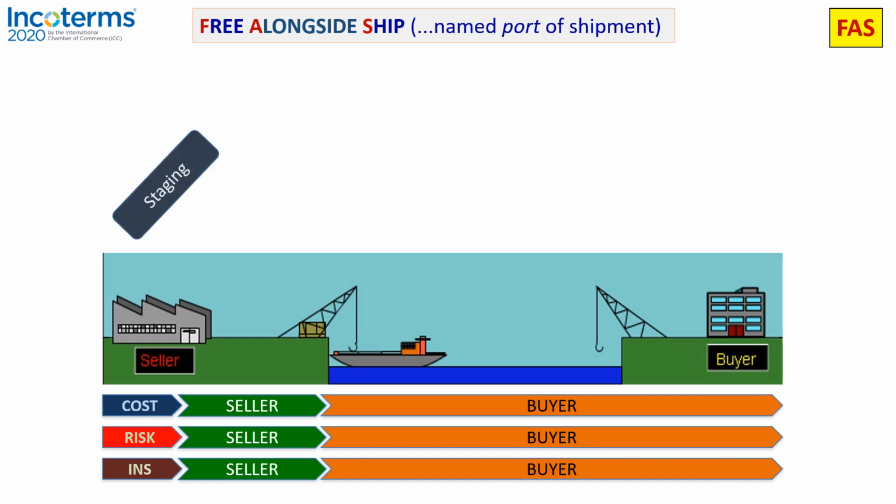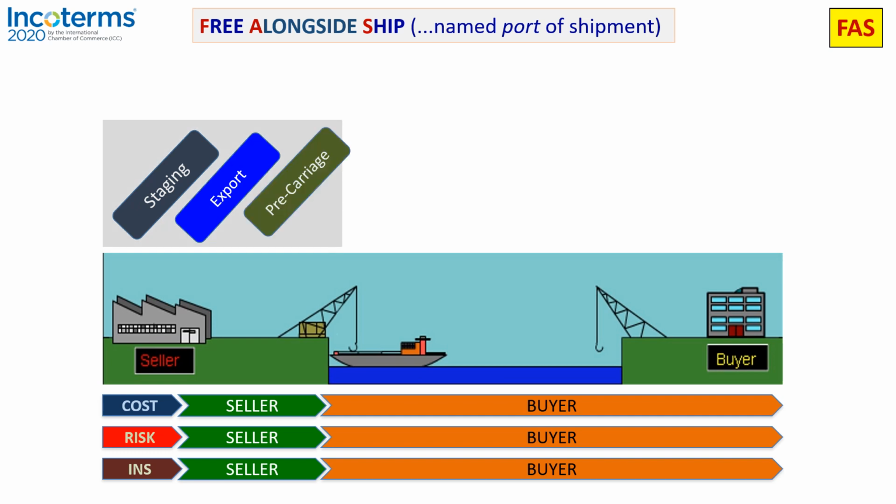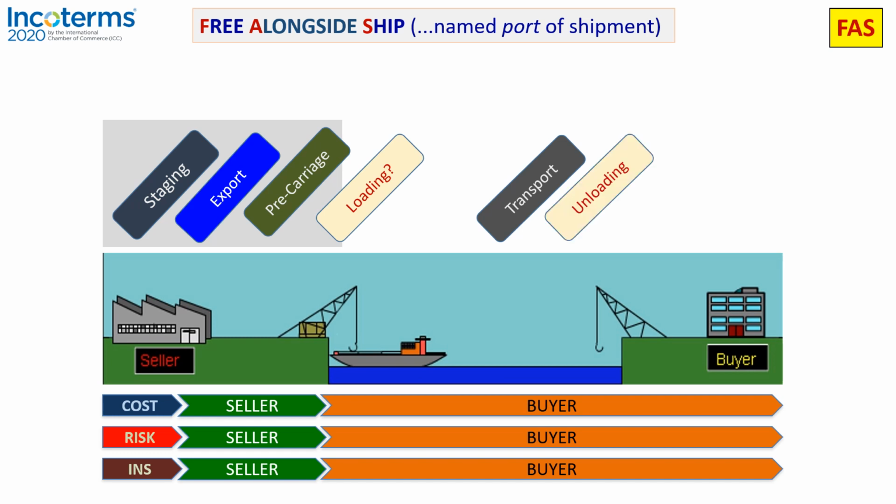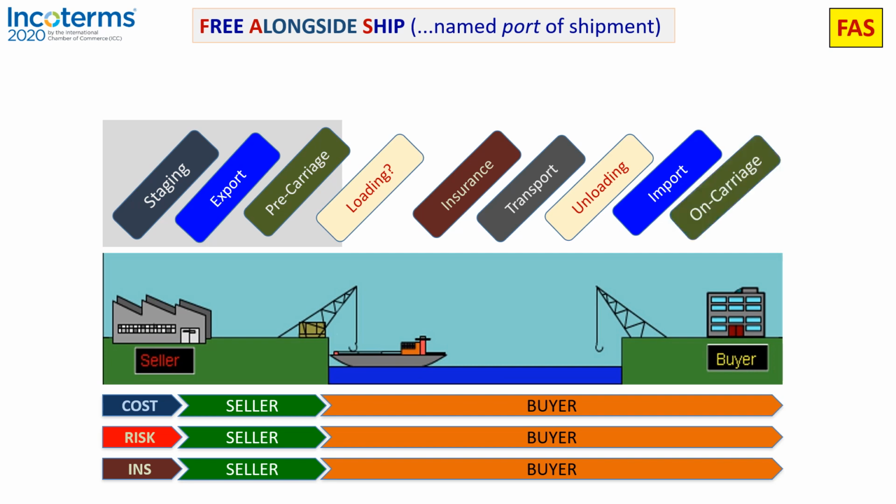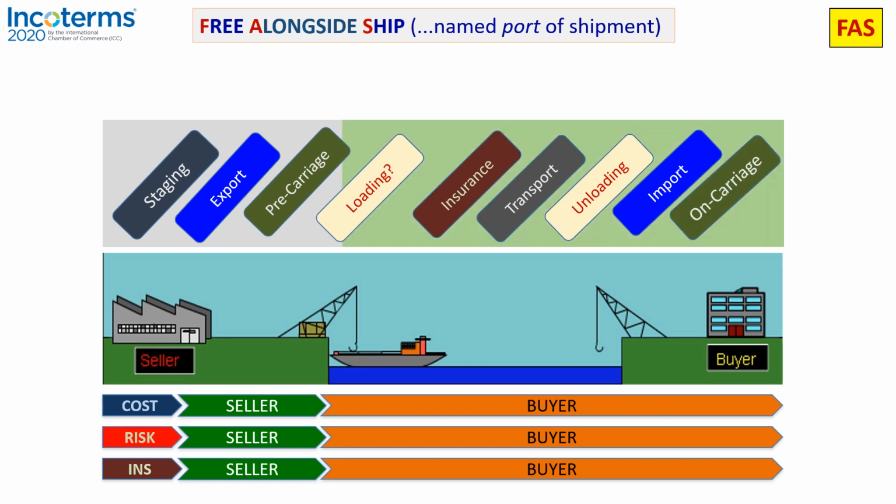So looking at the various elements, they make the cargo ready, they have to do the export clearance, and any pre-carriage which is required to bring the cargo to the port or the agreed place is the responsibility of the seller. Loading is the responsibility of the buyer. Transportation, the main transport cost, unloading, insurance from that point onwards, import clearance, any on carriage, entire responsibility remains that of the buyer.